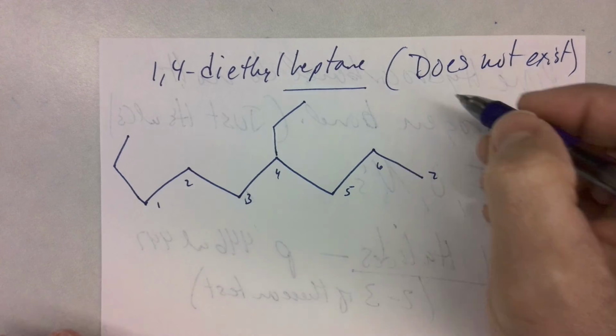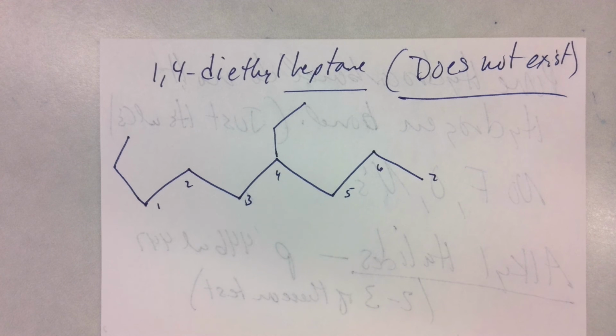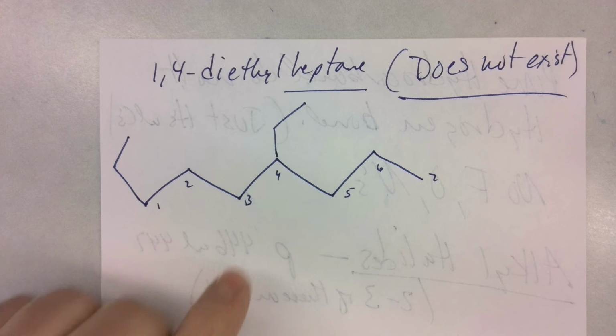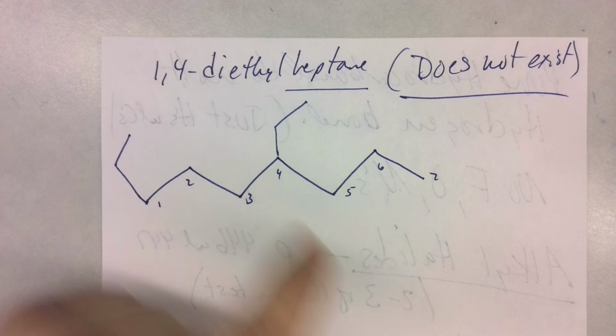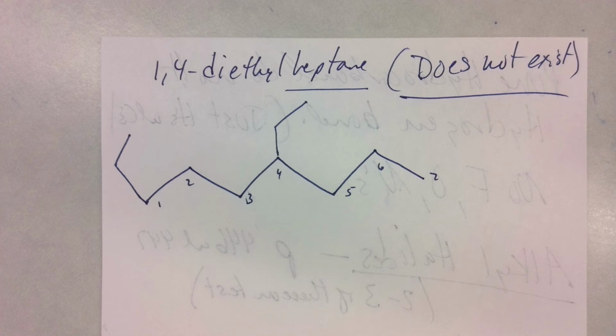Now, what I'm trying to illustrate here is there are a couple of questions where they'll give you something and say, does this name constitute an IUPAC name or something? And you're going to look at it and say, well, yeah, it reads like one would. But once I draw it, I realize that doesn't exist, because 1,4-diethylheptane, if I were to truly name it correctly, would actually be something else. Does that make sense?